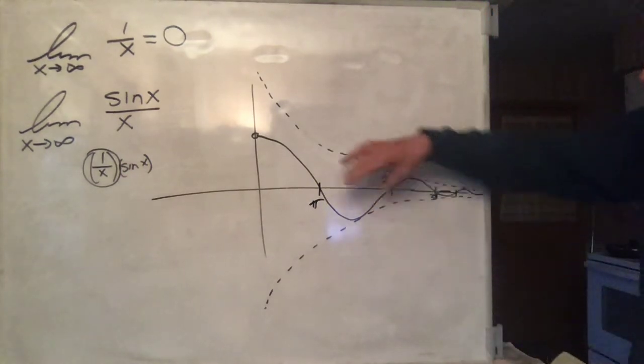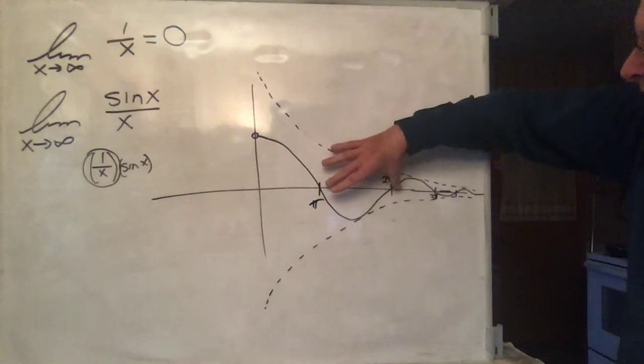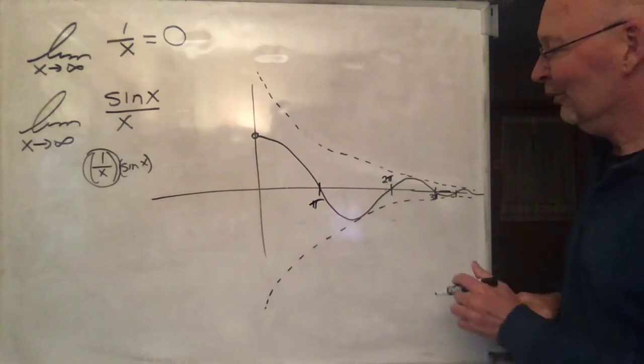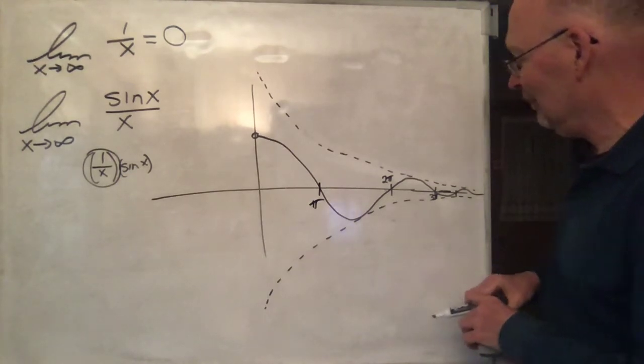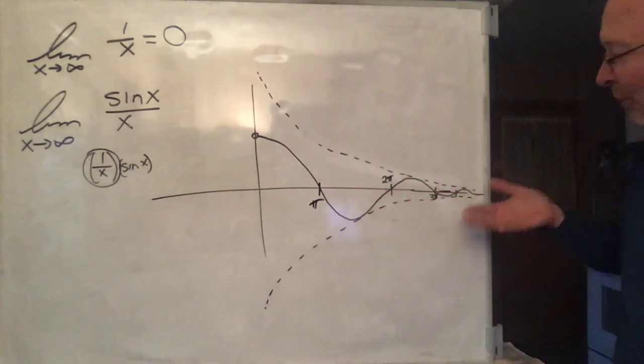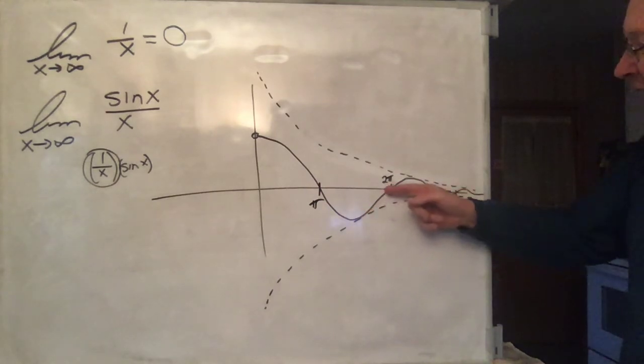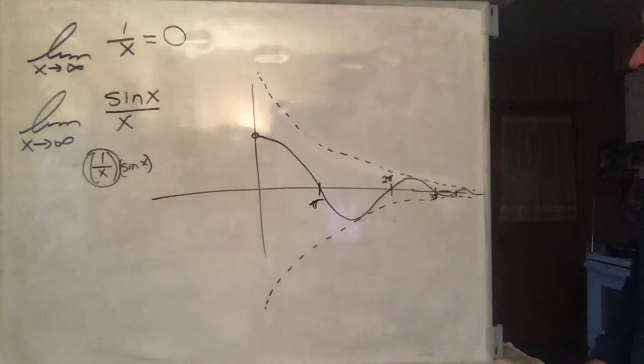Notice my pi's get closer and closer together. They shouldn't do that. They should stay the same distance apart. But with the board being this short, I'll kind of cheat on that. The point is it goes back and forth and back and forth.